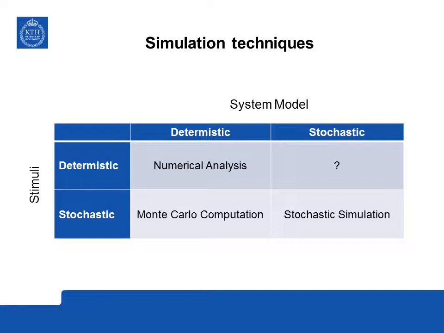We'll come back and give a few examples of this. And the lower right-hand side is the core of our study in this course, and that's what we call stochastic simulation. That is when we have stochastic components in our model, and we also drive the model with statistical or random stimuli. The lower right-hand corner will be the focus of this course.